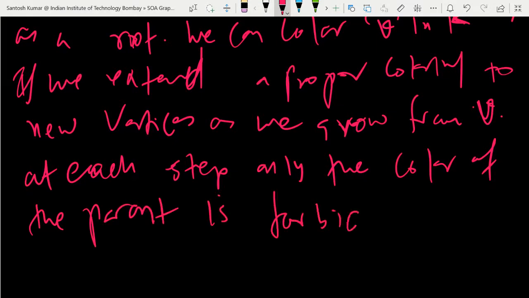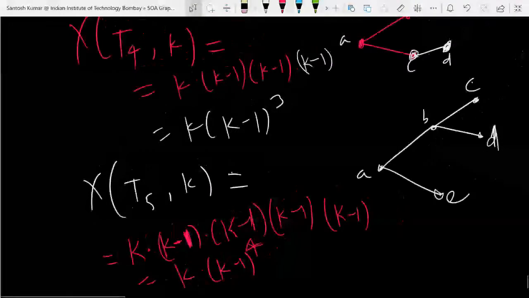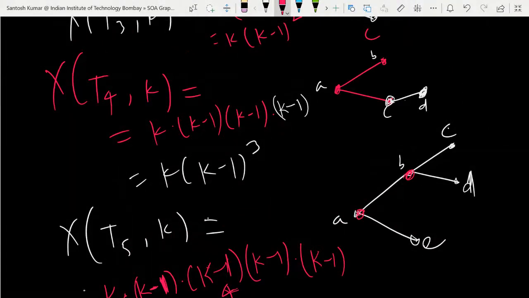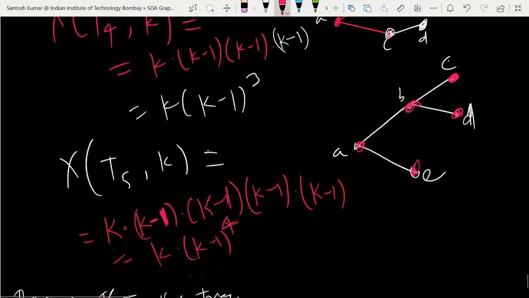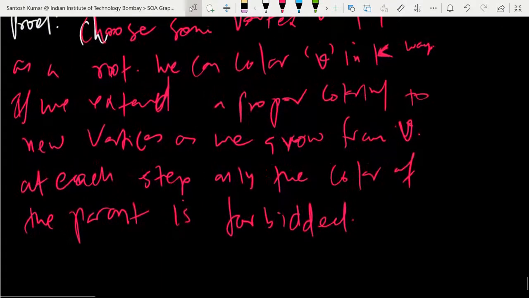Okay, so parent means the just earlier vertex, like you can see here. So parent vertex for B is A, parent vertex for C is B, parent vertex for D is B. You know that parent vertex of E is A. So at each step, only the color of the parent is forbidden. Okay, you cannot use the same color as the parent.